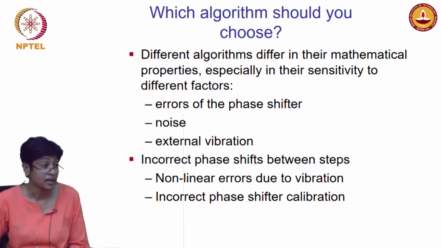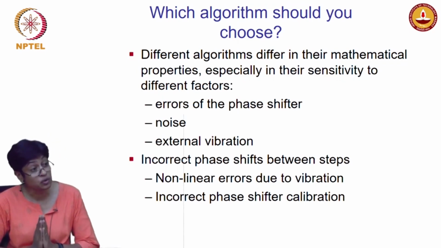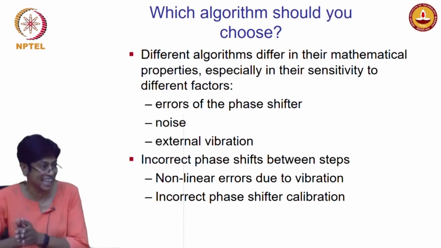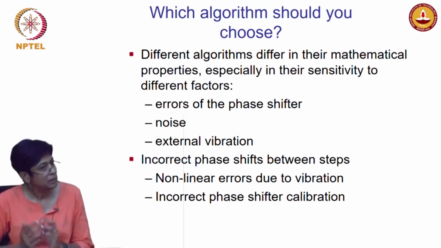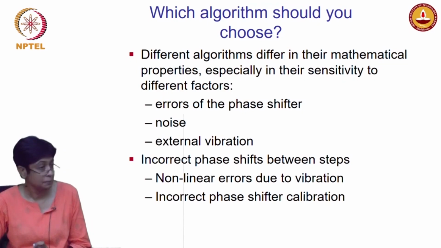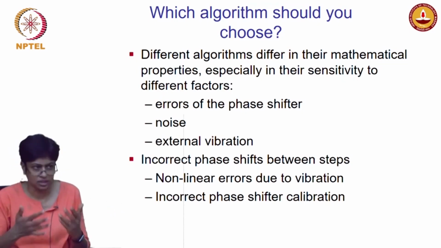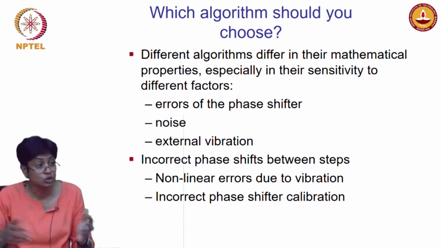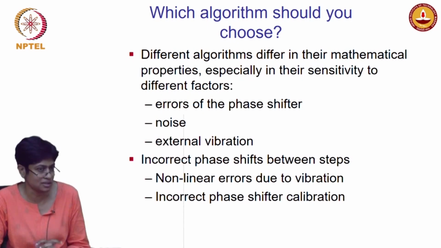If you have a known fixed error, even an unknown fixed error, maybe it will subtract out. But it may be that the error has a range. Typically, the error will be anywhere between this and this value. So, every time you are introducing a slightly different error, you can't subtract it out.